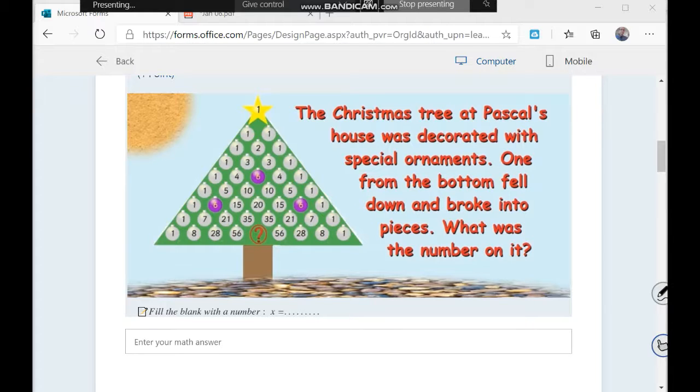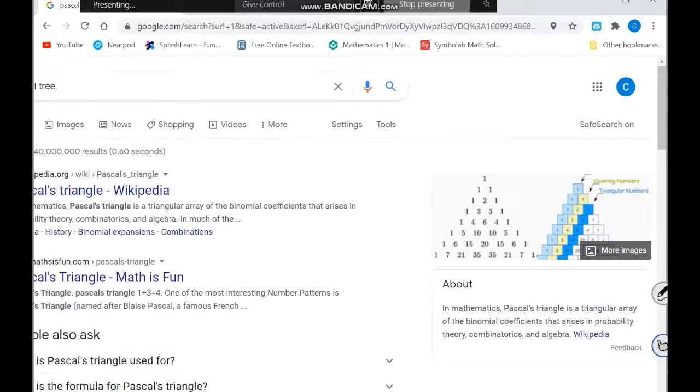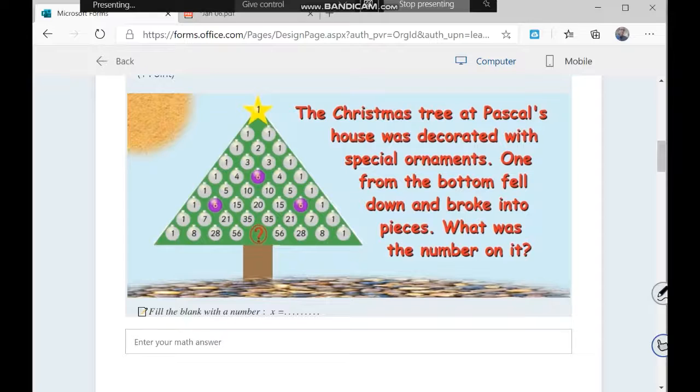If you type on Google the Pascal tree, you find this, Pascal's triangle. And this is how it looks. See, the way this triangle, this tree, is built is like that.